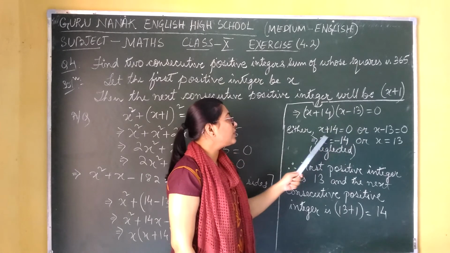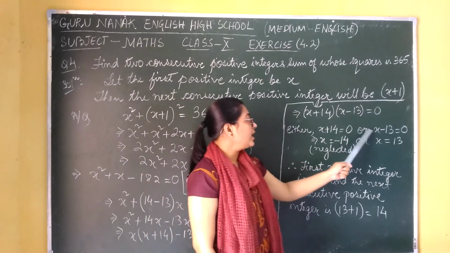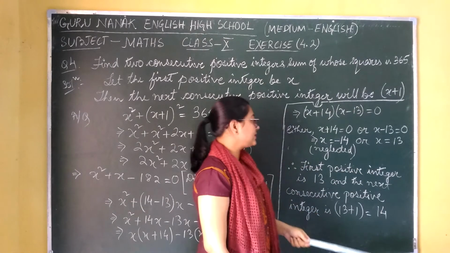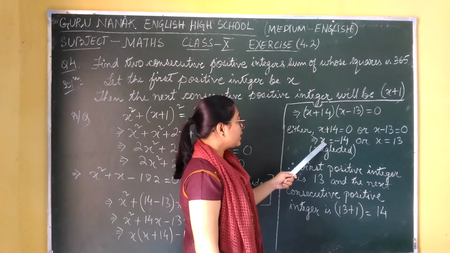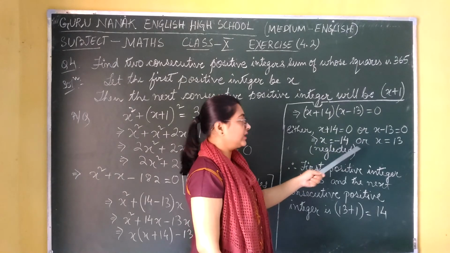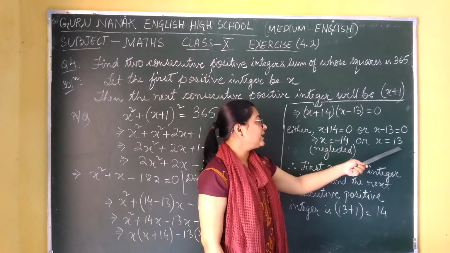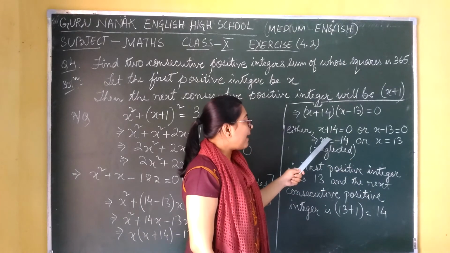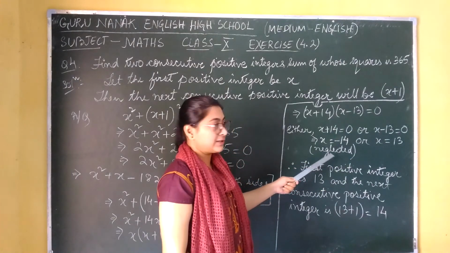From this we can conclude either x plus 14 equals 0 or x minus 13 equals 0. Now if we equate this with 0 we will get the value of x to be minus 14, and from the other we will get x as 13. Now minus 14 we will neglect. Why?